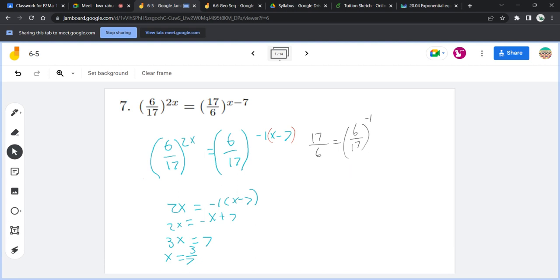So from the first line, we replace 7/6 with 6/7, and we have another negative one here.